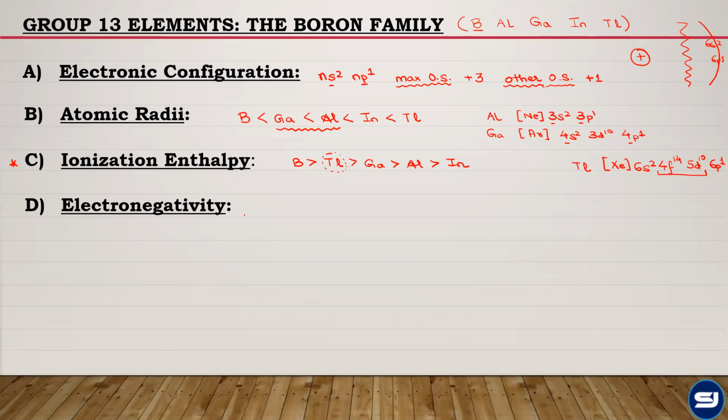ठीक है। इलेक्ट्रोनेगेटिविटी, again there was an irregularity in electronegativity of p block, group 13। So theoretical trend would be down the group it decreases, but in boron family gallium is more than aluminium.